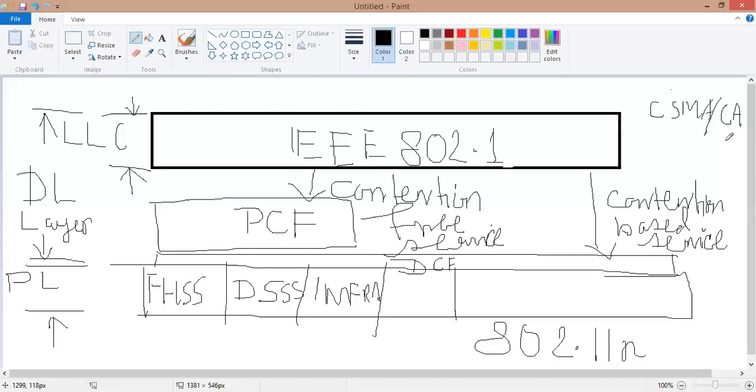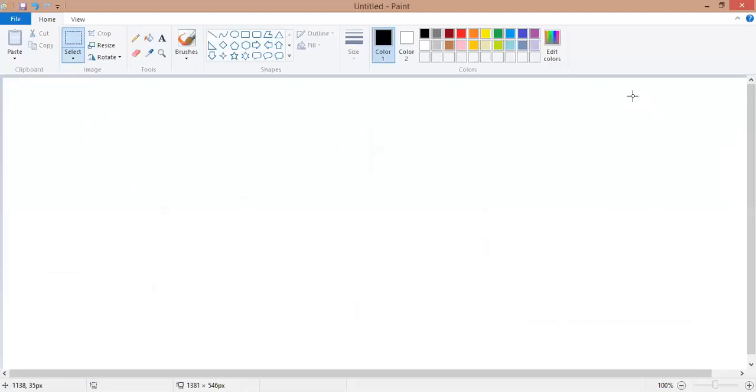Now, when I'm talking about CSMA CA, before that I want to tell you a few more terms. One term is distributed interframe space, DIFS.